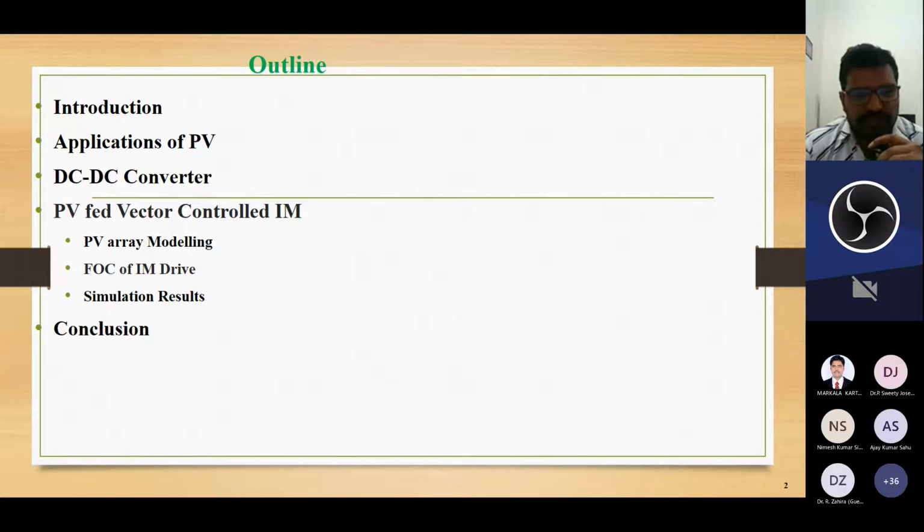So the power keeps on changing. Then how it will affect the performance of the induction motor, and what are the other possible ways to manage the power balance between the PV and induction motor, is also discussed. We will discuss some simulation results as well as the experimental part, how we performed the PV fed vector control of induction motor, in the further slides.